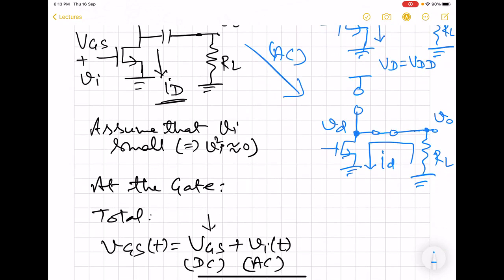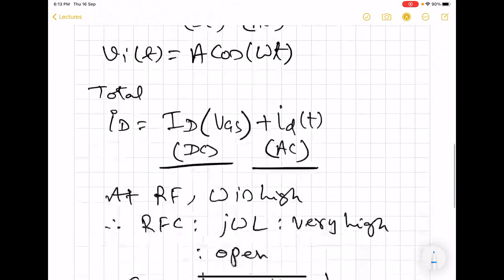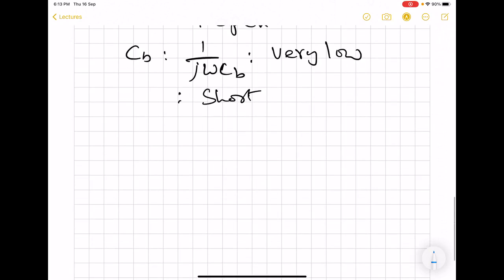And here we can see that this time varying drain voltage will be equal to minus RL into ID. So these two equations are very important. We will be using them very frequently in our analysis. So as was pointed out, our objective is to find the drain efficiency.